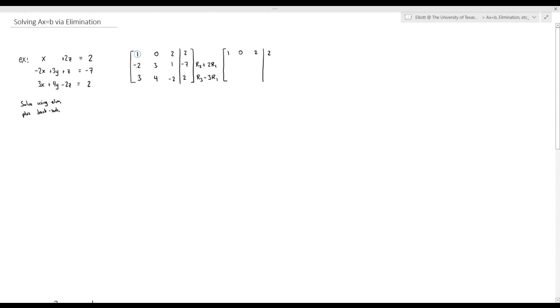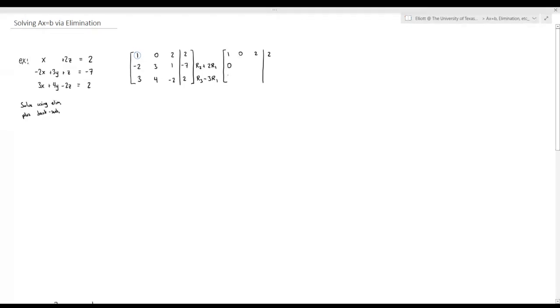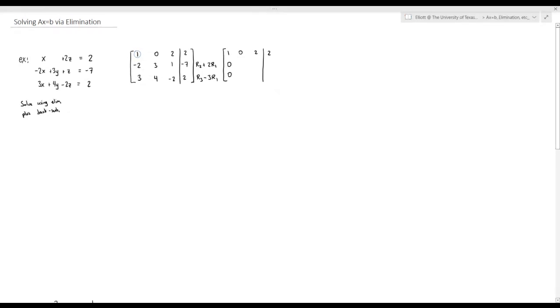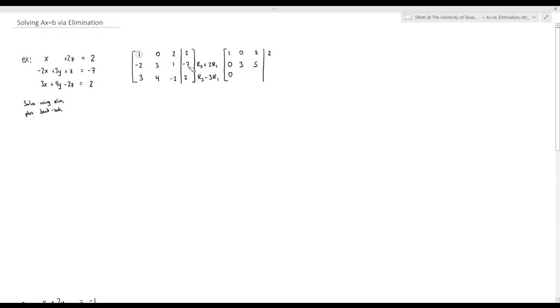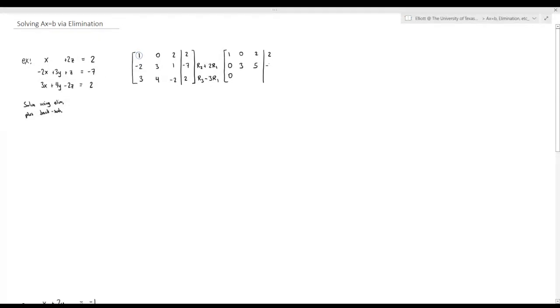So we should have zeros here. Let me check what else we will get. So 3 plus 0 is 3. 1 plus 4 is 5. Negative 7 plus 4 is negative 3.